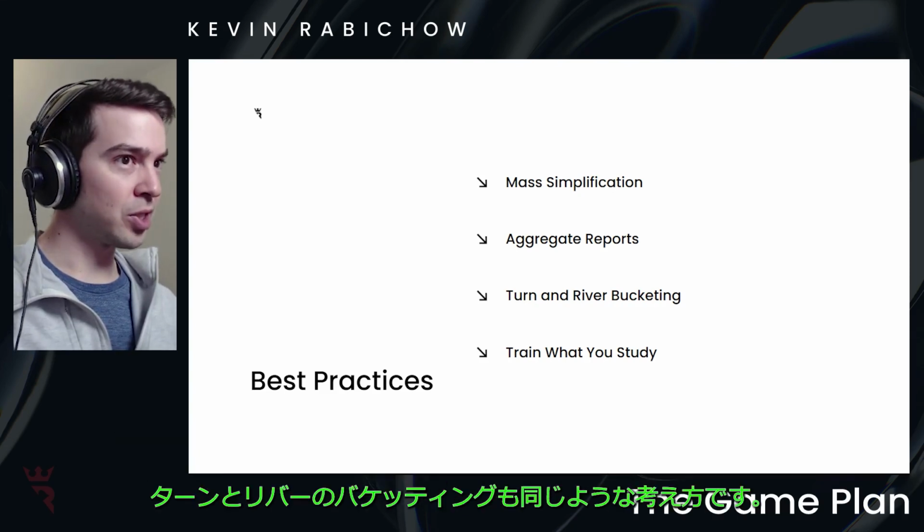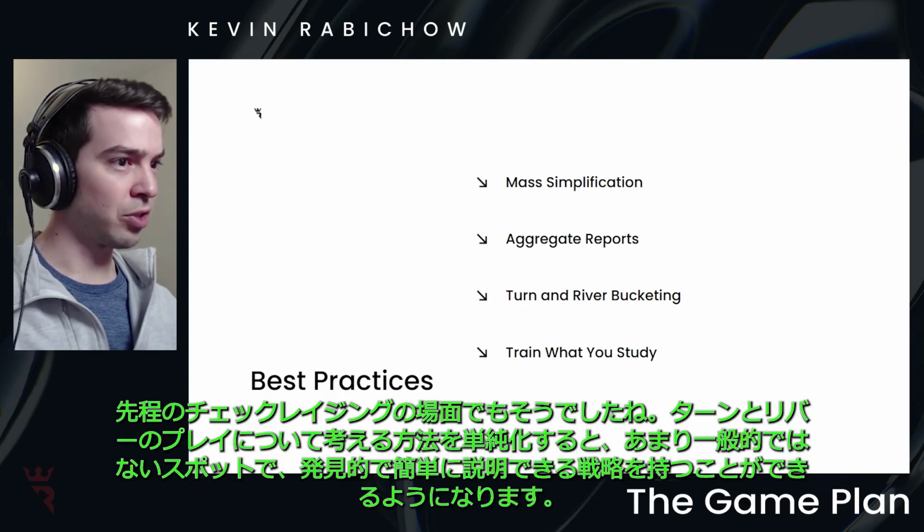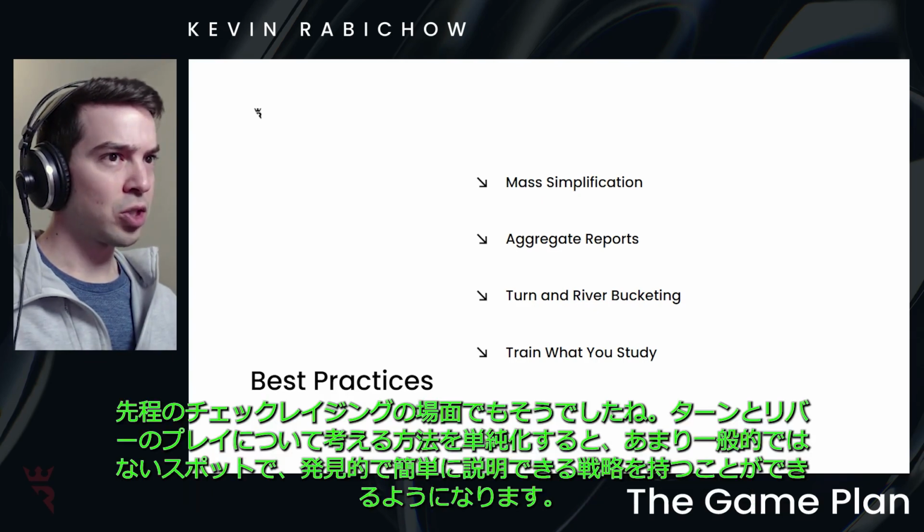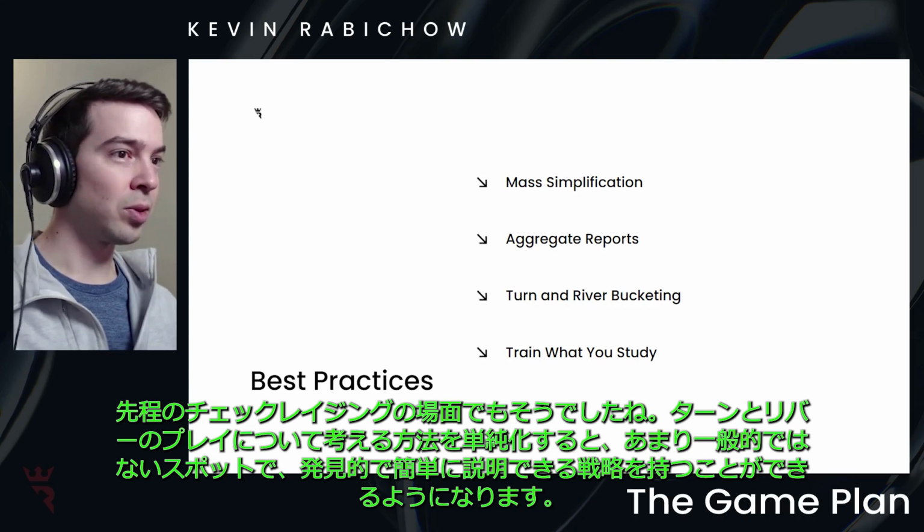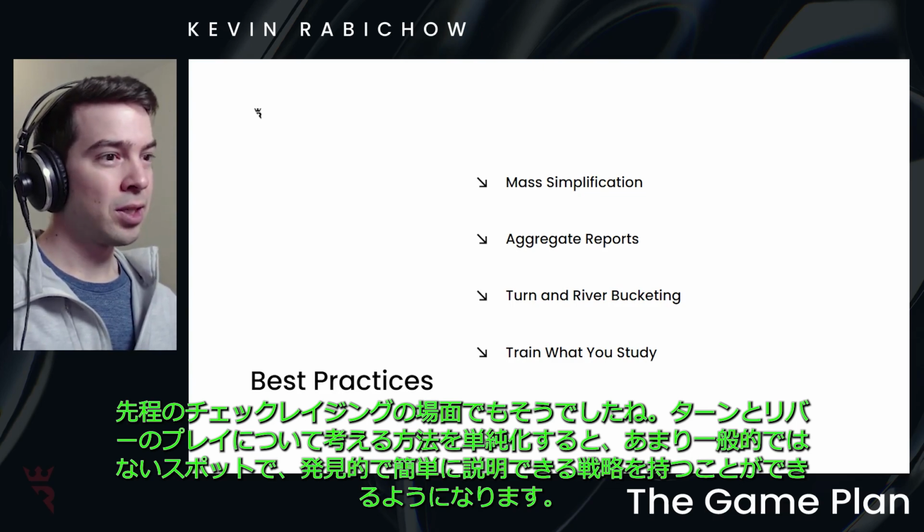Turn and river bucketing is the same idea. It's what I just showed you for the check raising spot. When you simplify the way in which you're thinking about how to play turns and how to play rivers, you make it more achievable to have a heuristic or an easily described strategy in a spot that's less common.